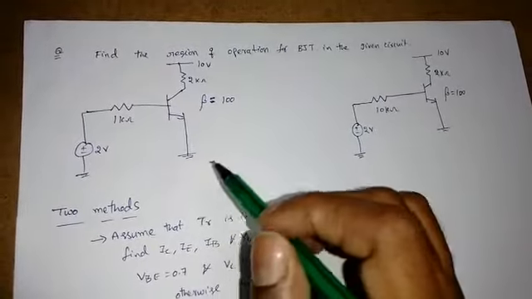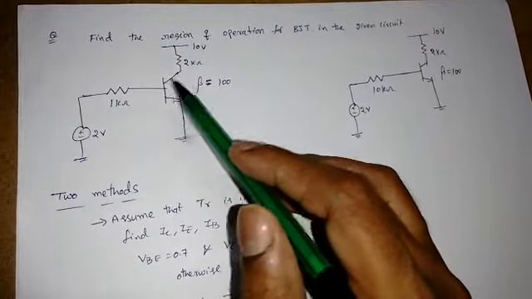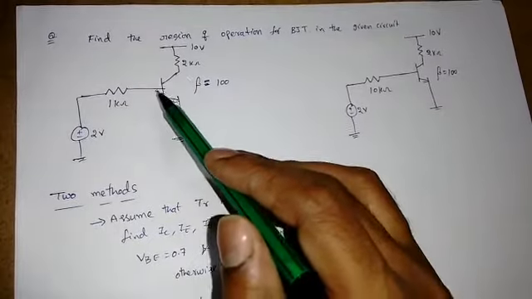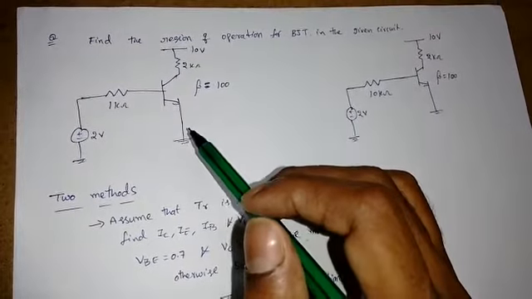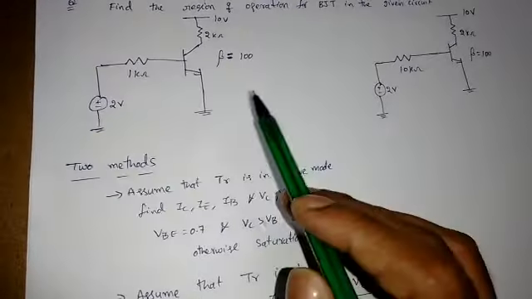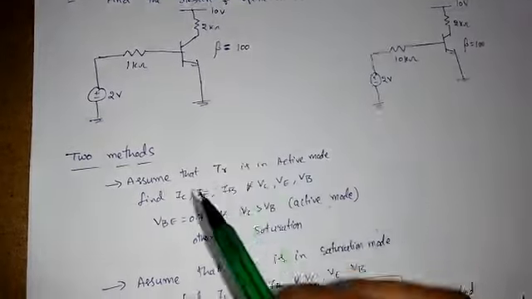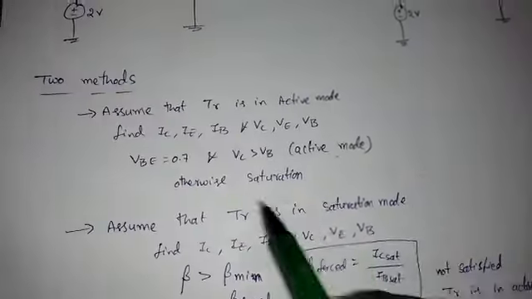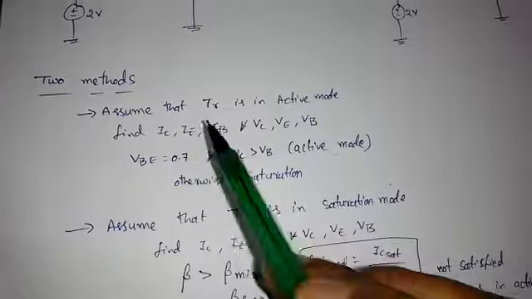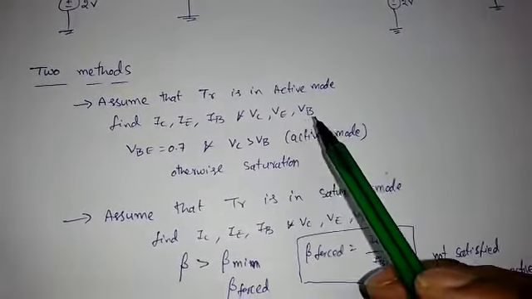In GATE they will ask more generally to either find the mode of operation or find IC or VC, etc. So for any circuit, either to find the operation of the BJT or to find different voltages, there will always be two methods. The first method is to assume that the transistor is in active mode, and find IC, IE, IB and VC, VE, VB.